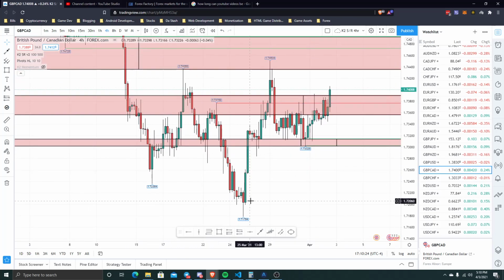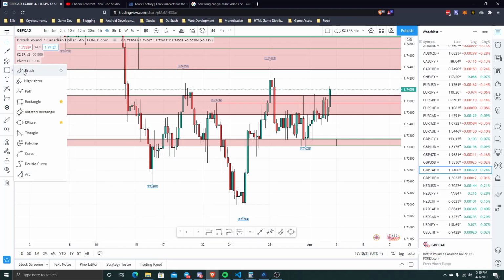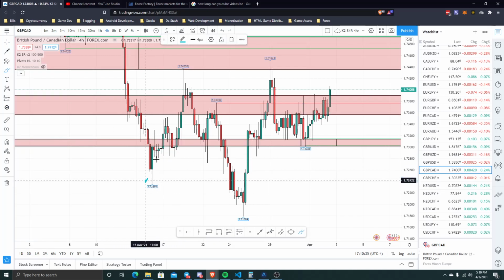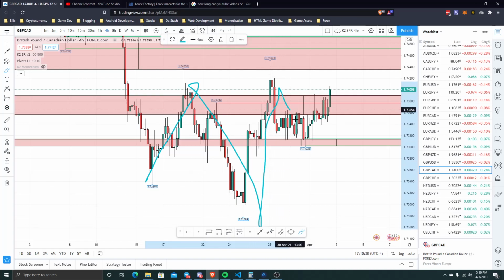As you can see, this sideways movement that we have here. Let me get out the brush tool here. This sideways movement has been looking kind of messy lately.